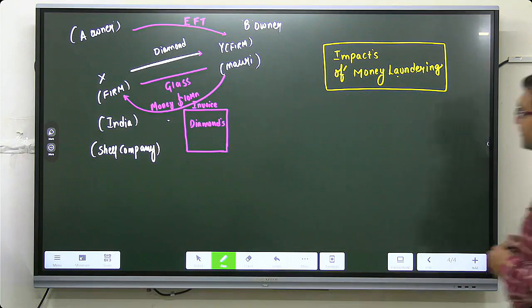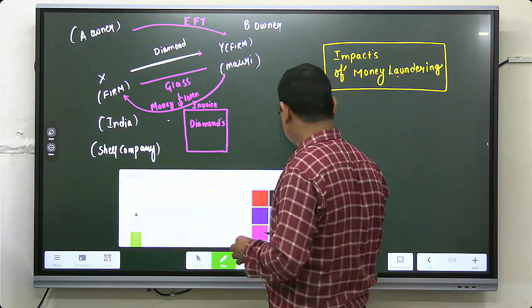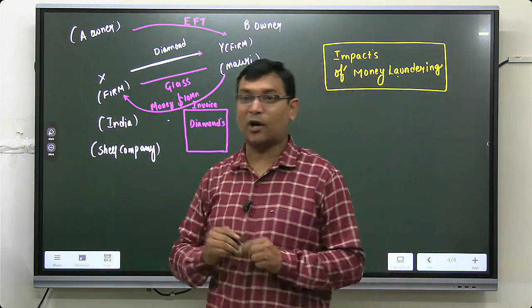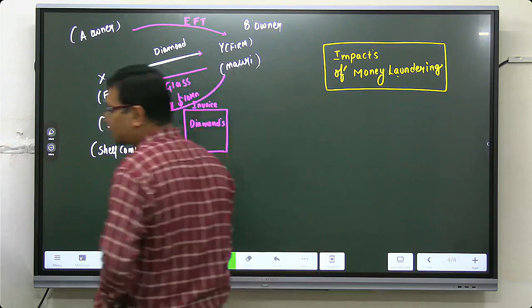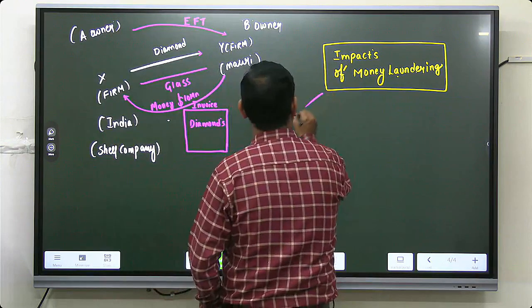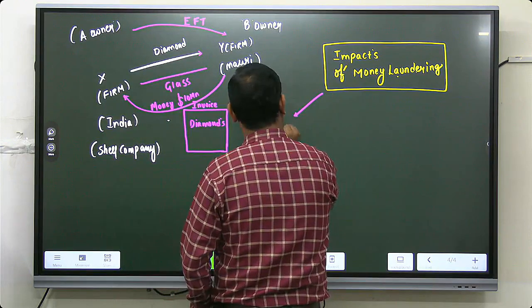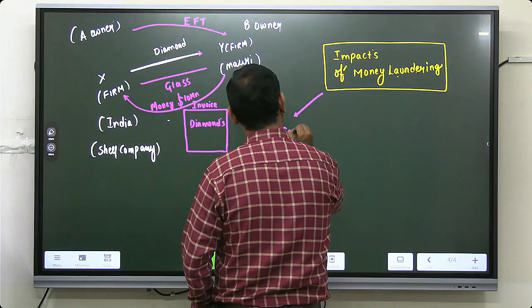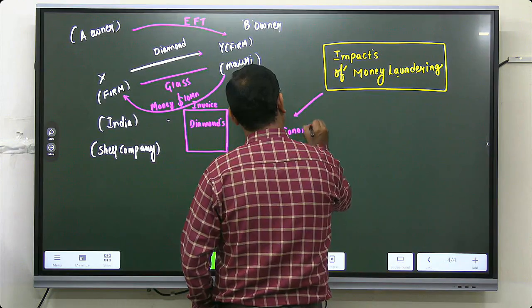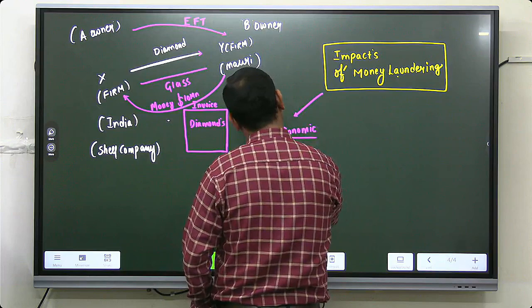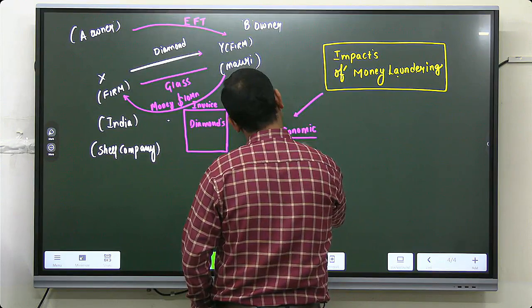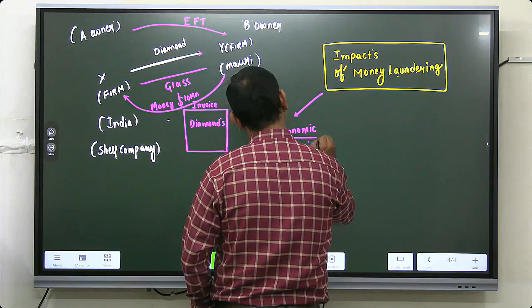Now, what are the impacts of money laundering? First, what is the impact of money laundering on the financial sector or economy? First is economic or financial impacts.